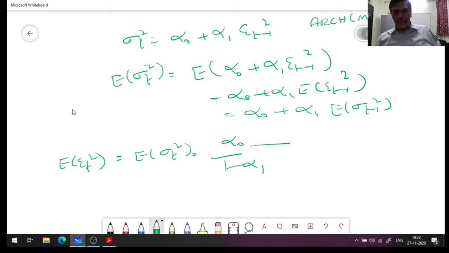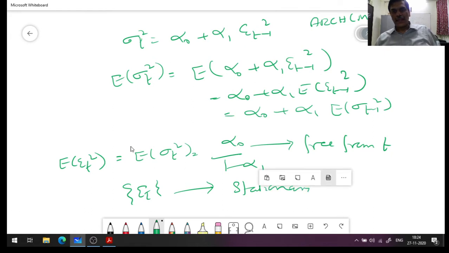So you see, this is free from t. This is also free from t, which implies that this epsilon_t process is stationary, because the mean is free from time and the variance is free from time.